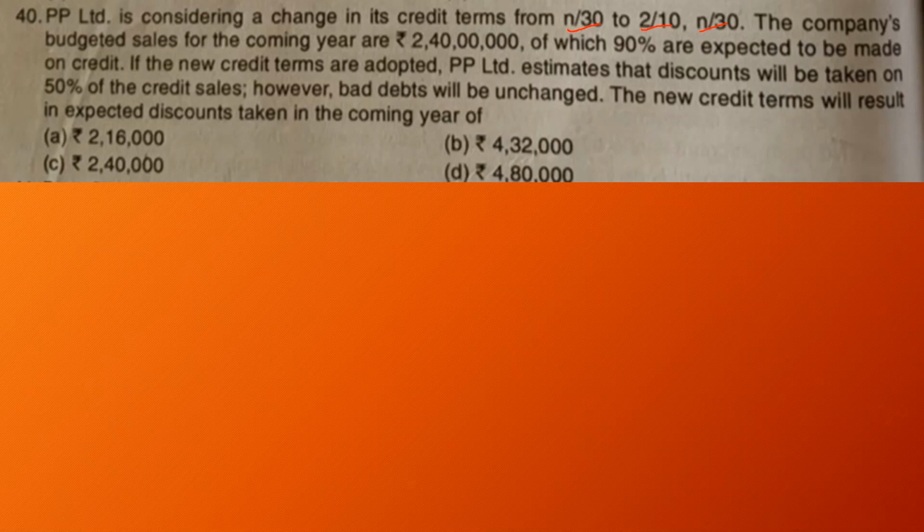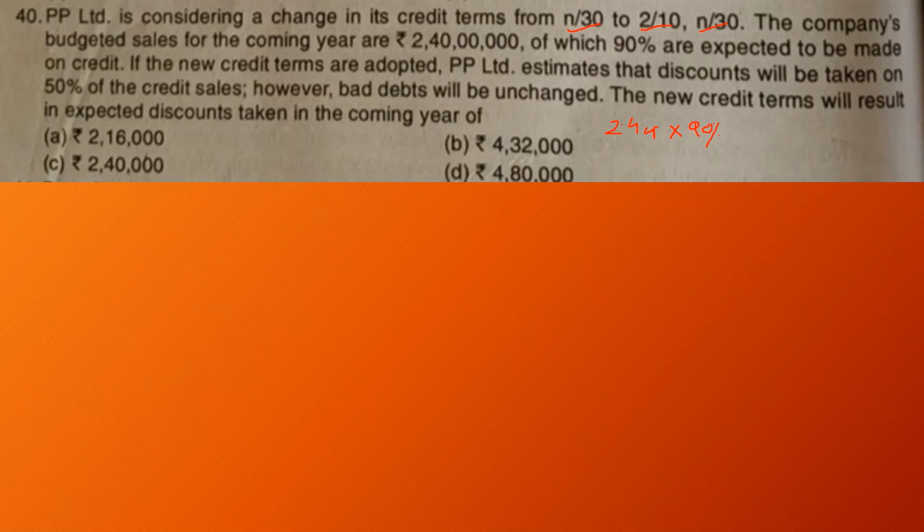Actually the question seems big but the solution is very easy. What we have to do first is calculate credit sales, 90% of 2.4 crore, sorry, 90% is what we will get as credit sales. Take 50% of credit sales and give a 2% discount on it.